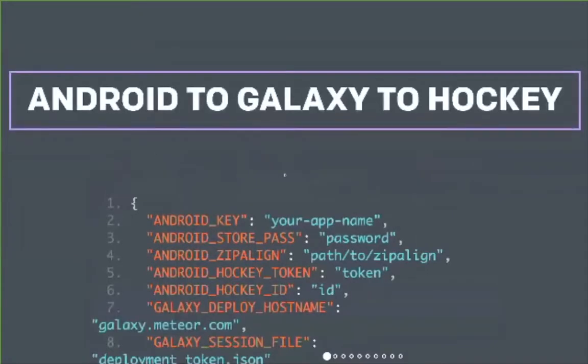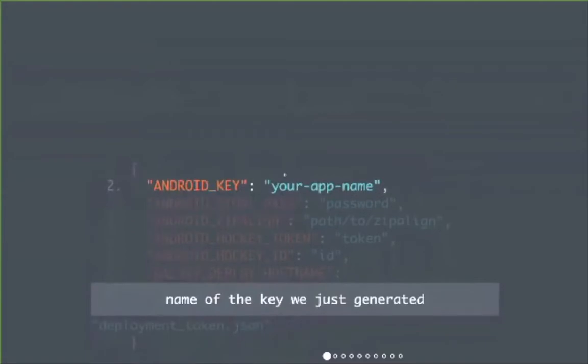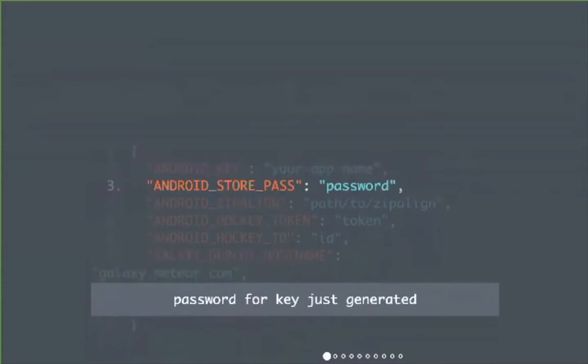So the next thing you would need to do is go into your launch.json file and fill out all of these variables. The name of the key that we just generated would be your Android key. And then your Android store pass would be the password for the key that you just generated.